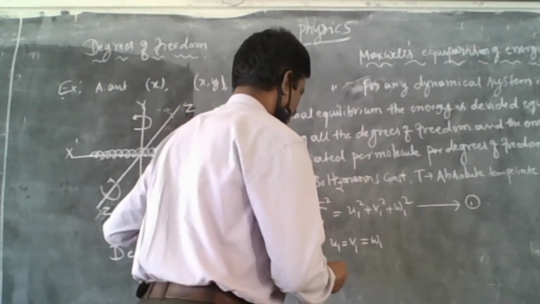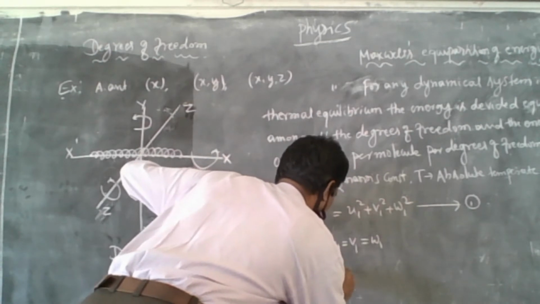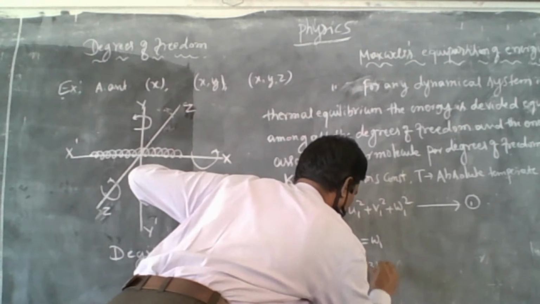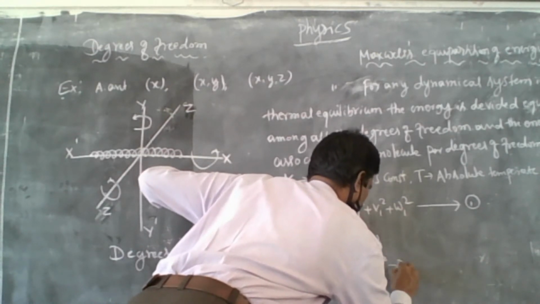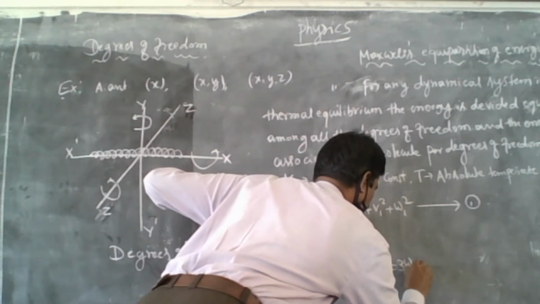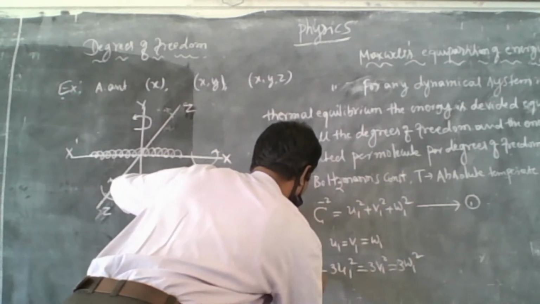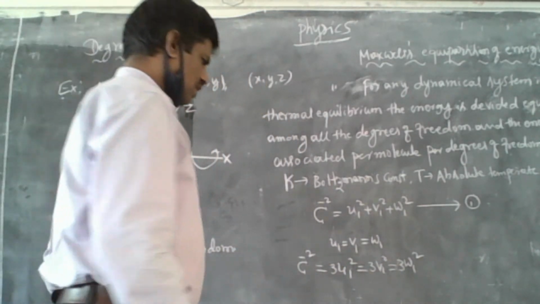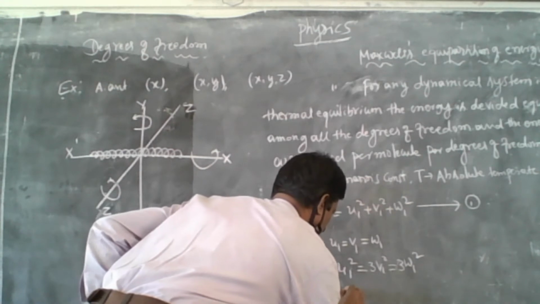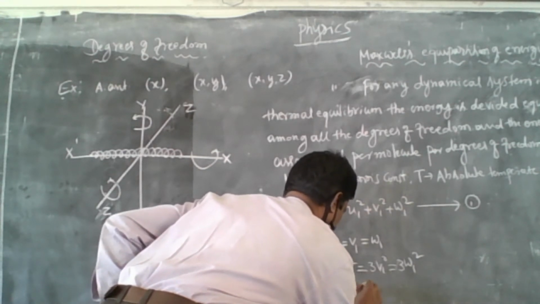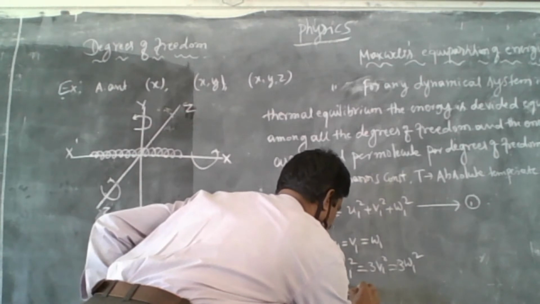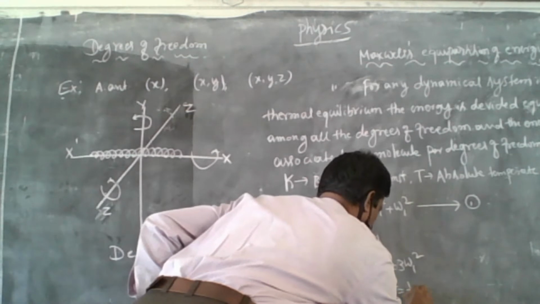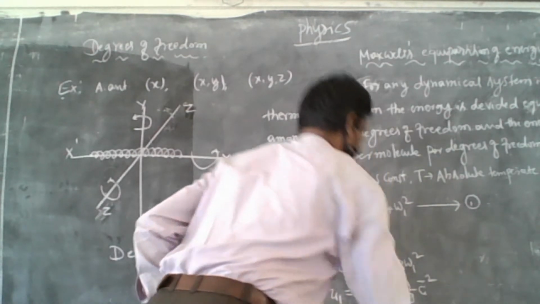Therefore, we can write 3 u1 squared equals 3 v1 squared equals 3 w1 squared equals c bar squared, and then u1 squared equals v1 squared equals w1 squared equals 1 by 3 c bar squared.